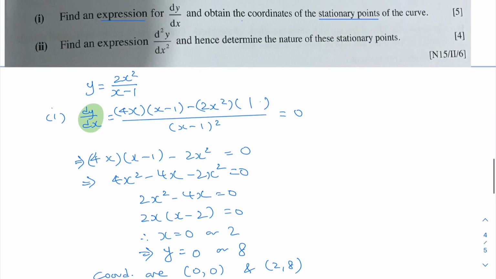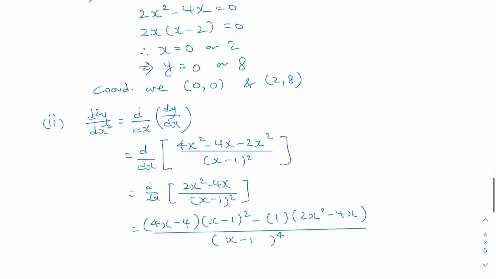So the question: you got the expression already, did the first part. Hence determine the nature of these stationary points. Now you have the coordinates. You have to find the nature of the curve at these two points.